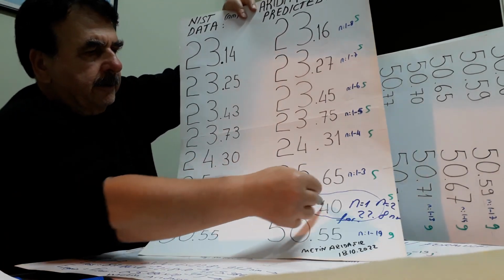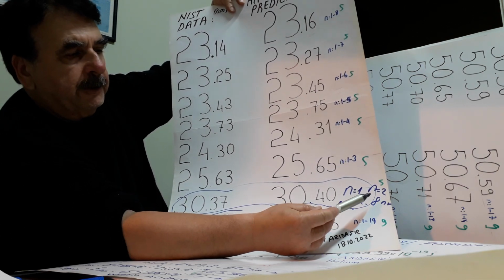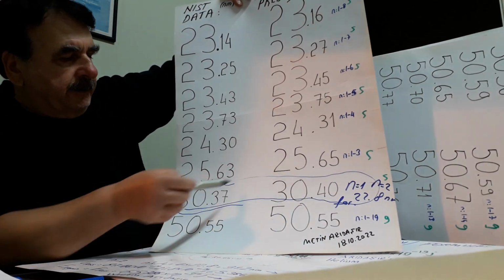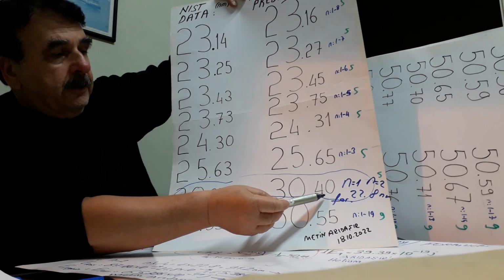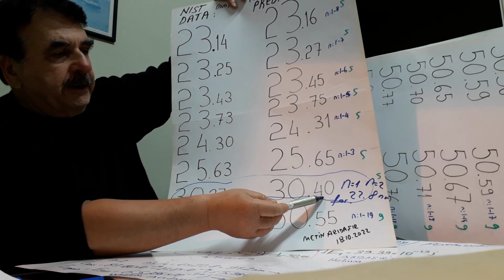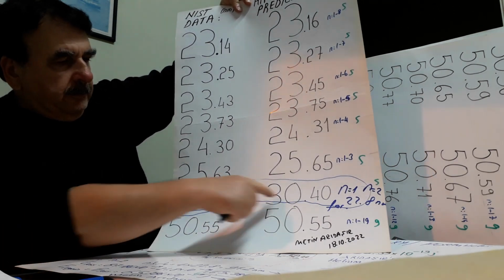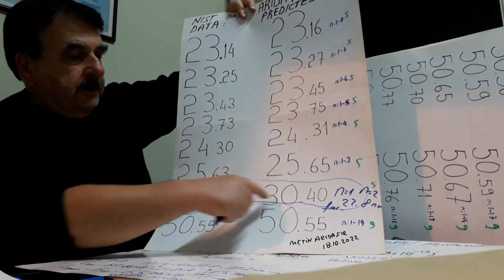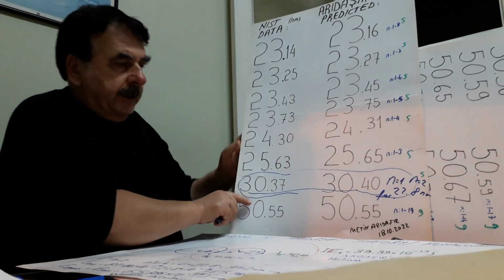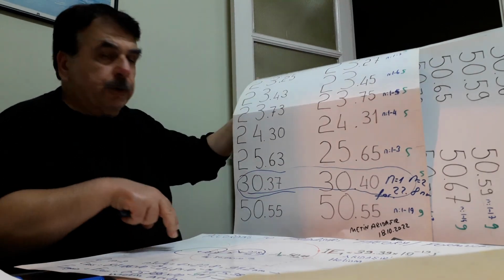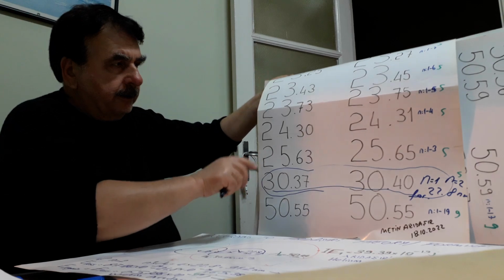And here from N1 to N2, between 1 and 2, the smallest electrons, 30.40 nanometer, approximately the same. Okay, this is proof. These are proofs of my theory.